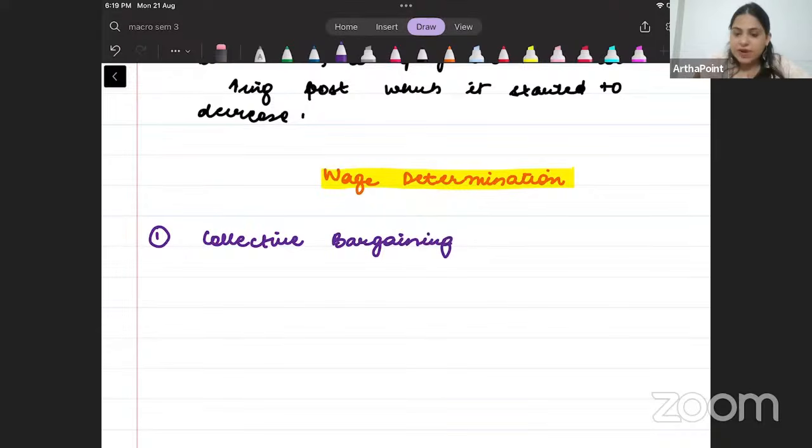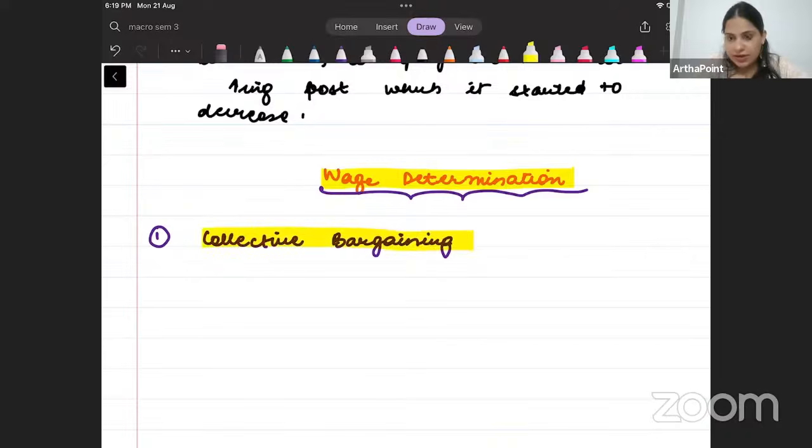What is collective bargaining? Wage determination means that we have to find what are the different ways in which wage can be determined. What are the ways in which we can calculate wage, we can find wage. The first technique that we want to talk about is collective bargaining.